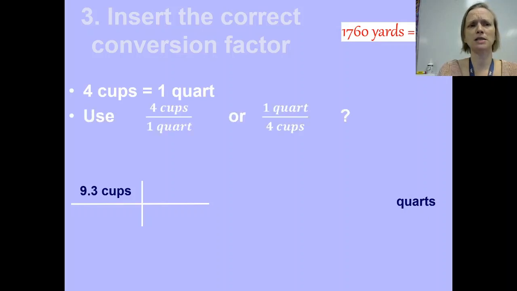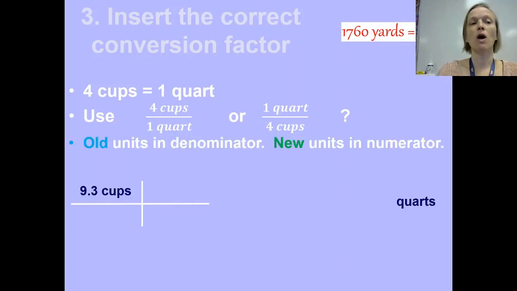So I have 2 possible conversion factors that I could use. I could have 4 cups on top, 1 quart underneath, or I could have 1 quart on top, 4 cups underneath. Which one should I use? Well, remember, I want the old units to be in the denominator. My old units are cups. I want the new units to be in the numerator.